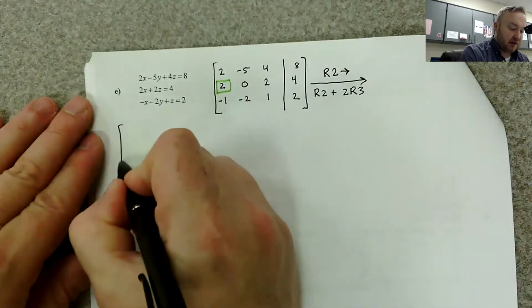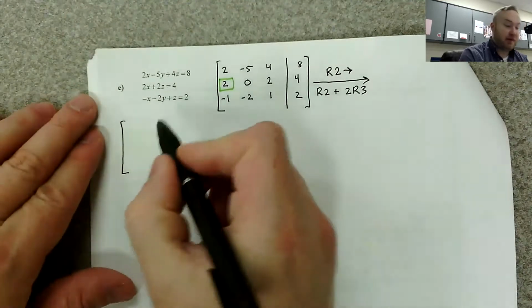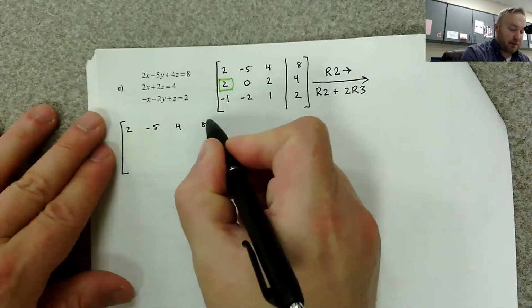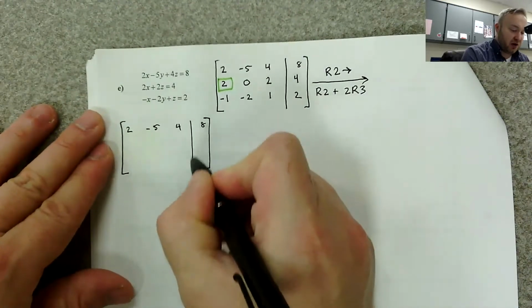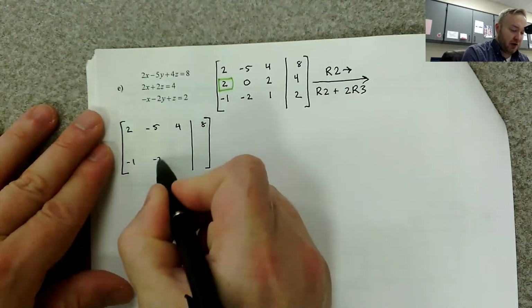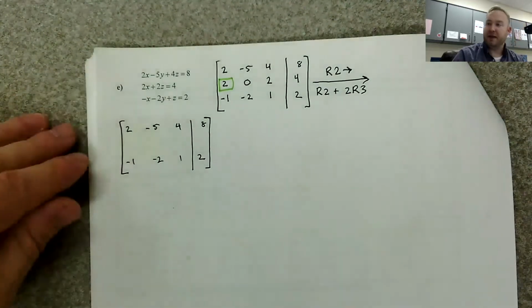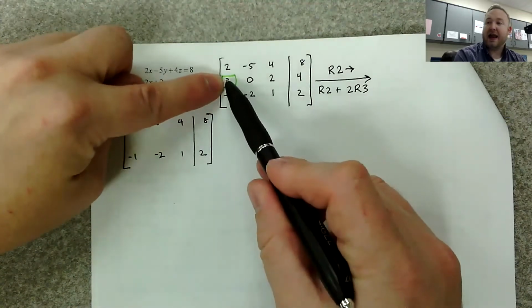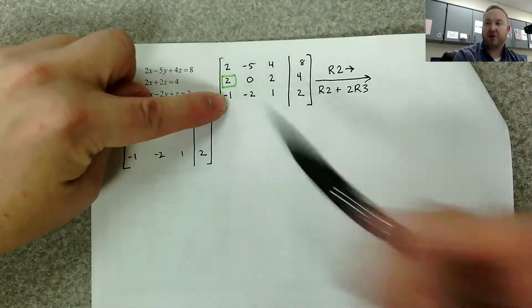Okay, let's come down here in the next line. We're going to recopy the rows that are unaffected by this row operation. So that would be the first row and the third row. I'm going to recopy those, and I'm going to do my row operation. So I take the second row and I add twice the third row.